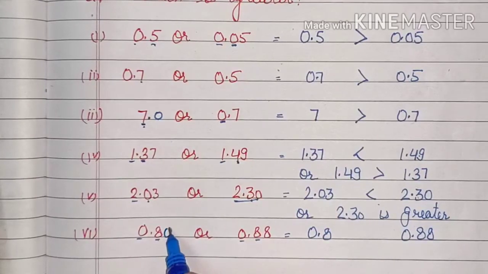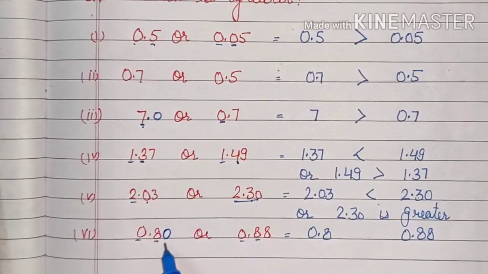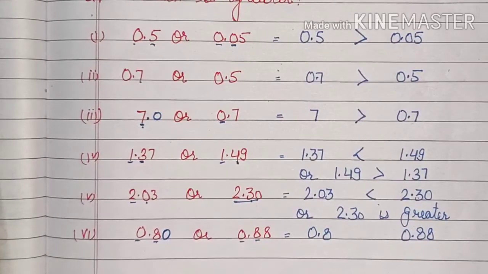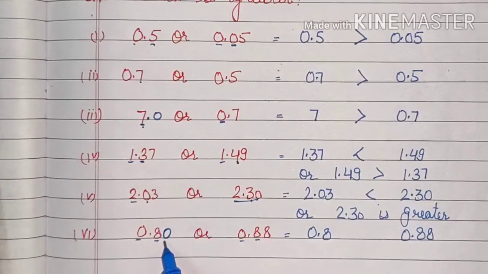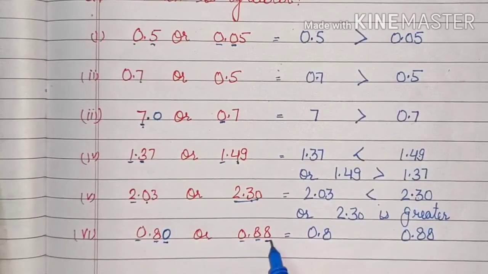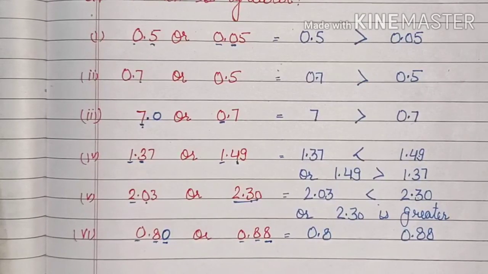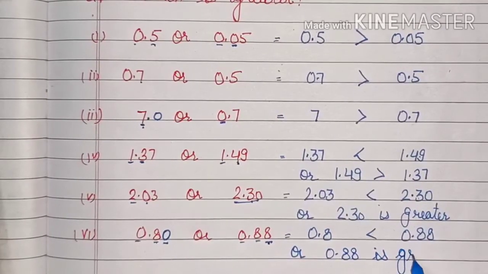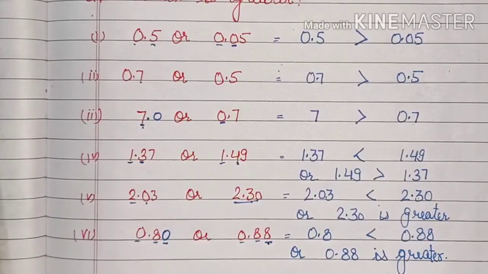So we will write it as 0 because there is no value there. Now at the hundredth place we have 0 and here at the hundredth place we have 8. So obviously this number will be greater. So 0.88 is greater. So this was the solution of question number 1.